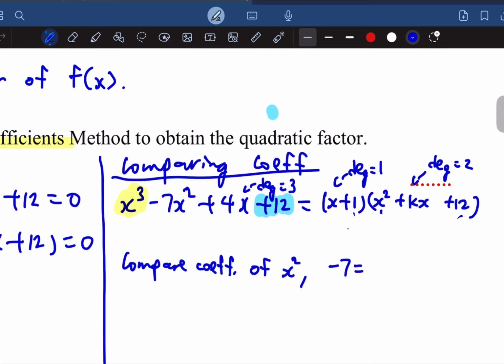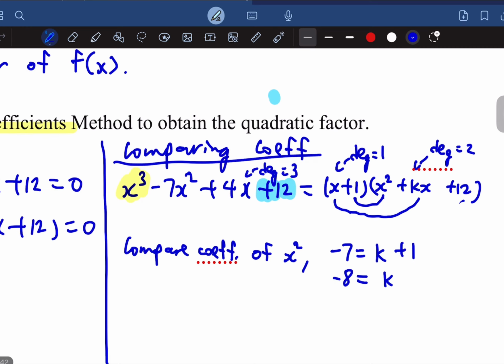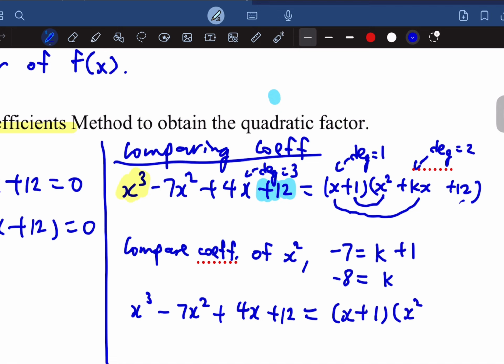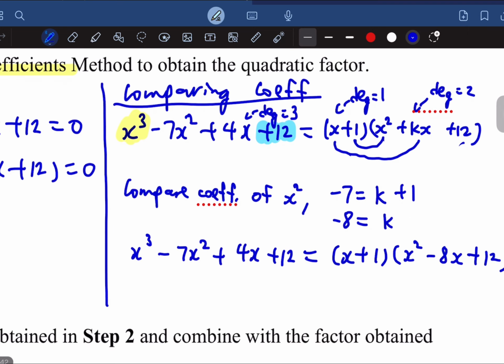So x times kx gives me kx squared, so I have k. 1 times x squared, I have 1x squared, so plus 1. So my k equals -8. Which means I have x cubed minus 7x squared plus 4x plus 12 equals x plus 1, x squared minus 8x plus 12.